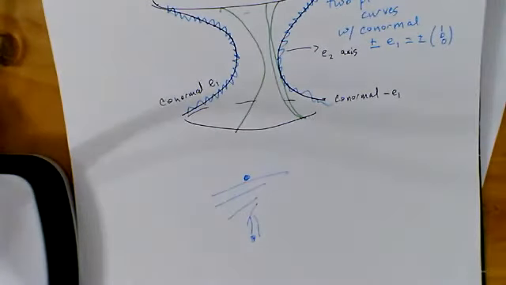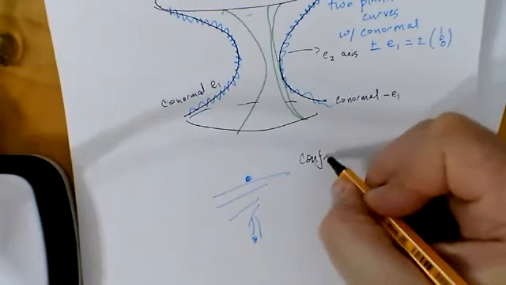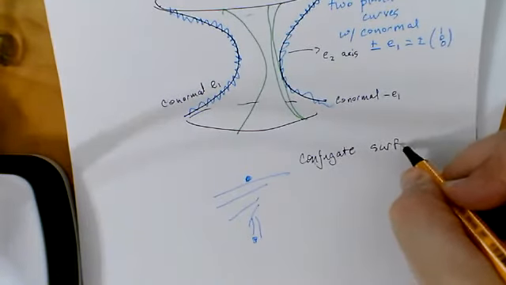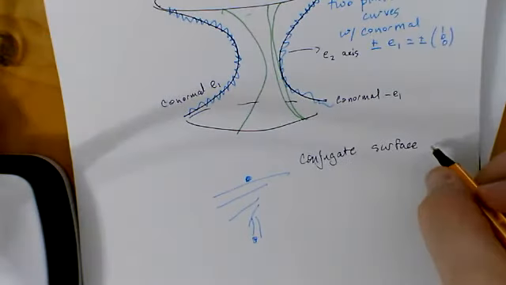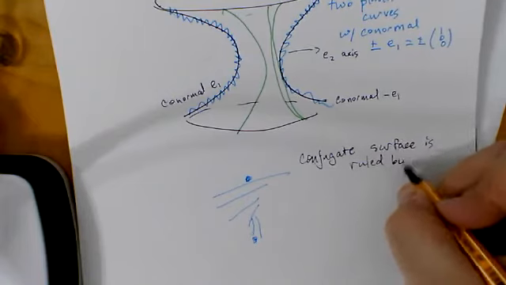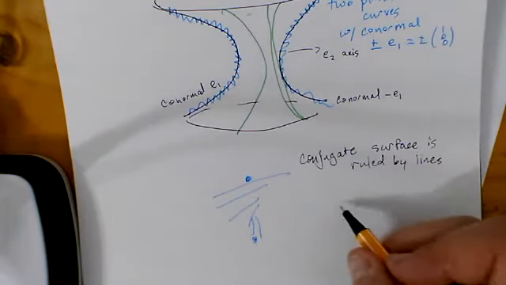by lines. So the conjugate surface is ruled by lines. Let's try to draw a picture this way.